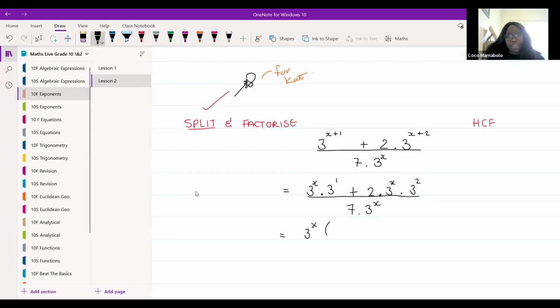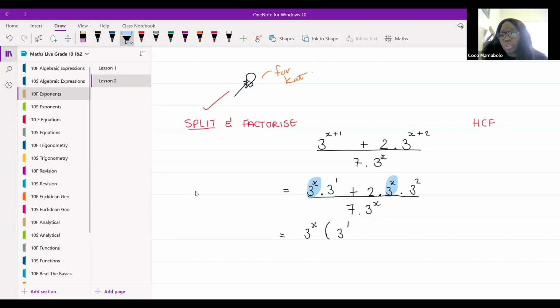What do I have left if I take it out? We have 3 to the power 1, and 3 exponent 2, and positive 2. Good.